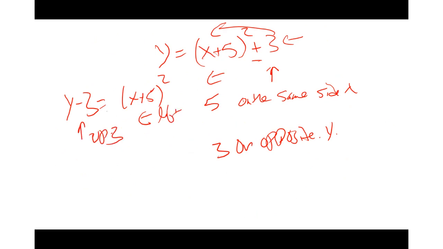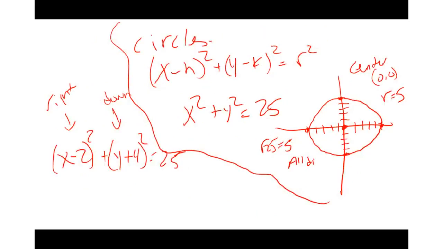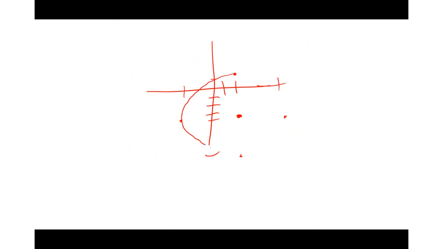So when it's on the same side as the y, it goes opposite the same way the x does. So this one's going to go right 2, down 4. That's your center. And now from there, you're going to go 5 in all directions. So you're here, you're here, you're here, you're here, and then you're drawing this circle that has a radius of 5.